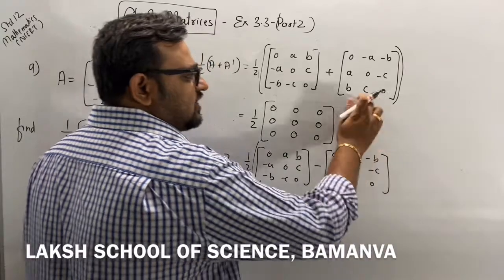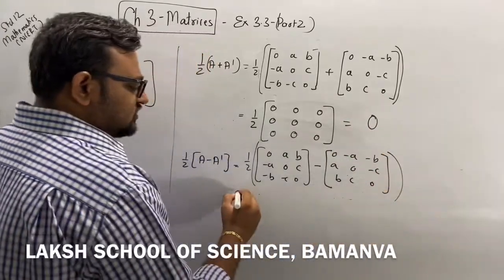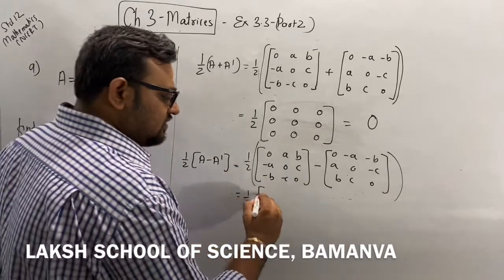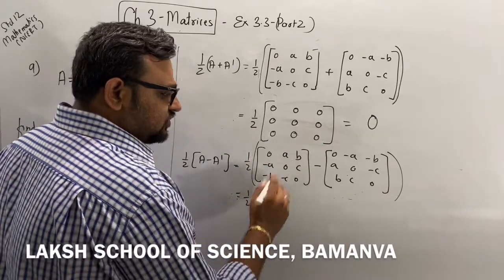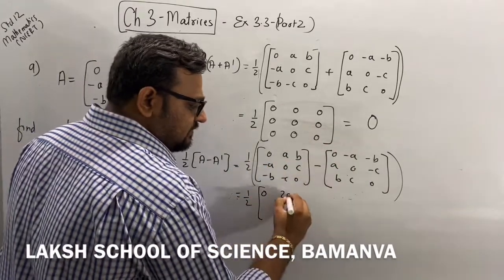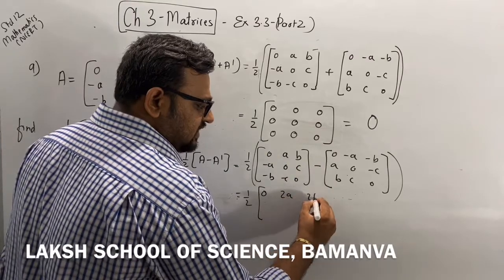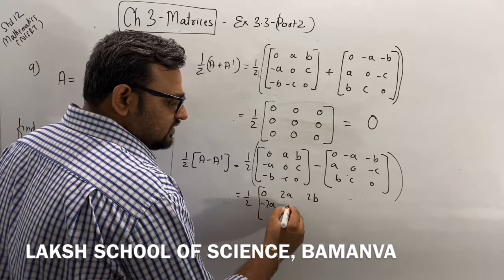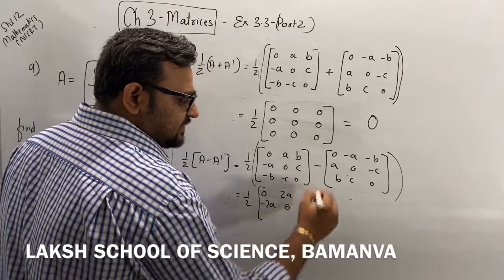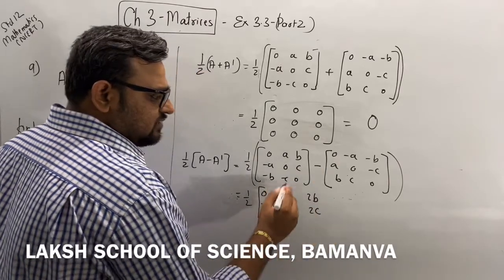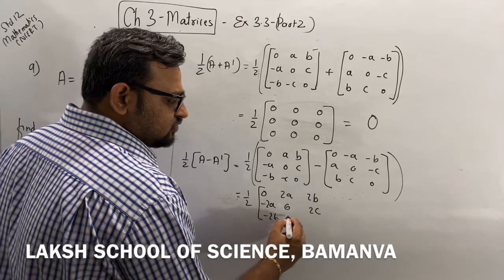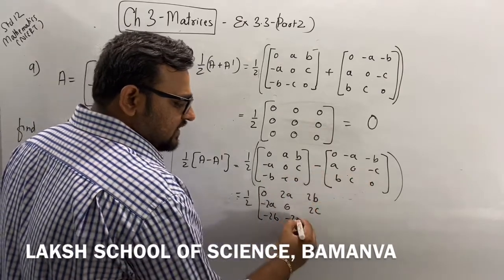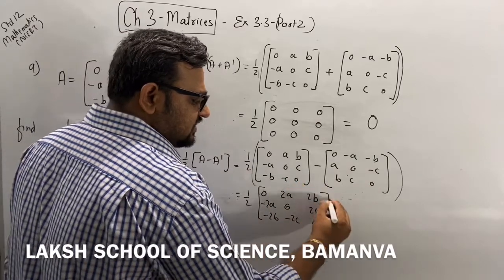I just copied it down, it transfers from here. So this will be equal to half 0 minus 0, 0, A minus minus A plus A, B minus minus B 2B, minus A minus minus A minus 2A, 0, C minus minus C 2C, minus B minus B minus 2B, minus C minus 2C, 0.